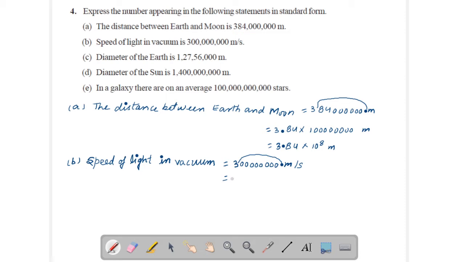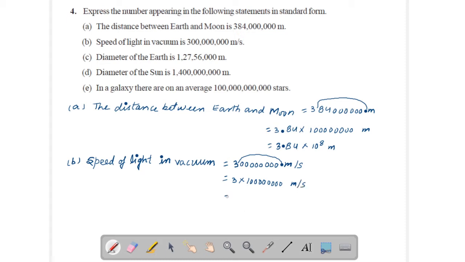This can be written as 3 into 1. How many digits are there? So 1, 2, 3, 4, 5, 6, 7, 8. Put 8 zeros, 8 meter per second.